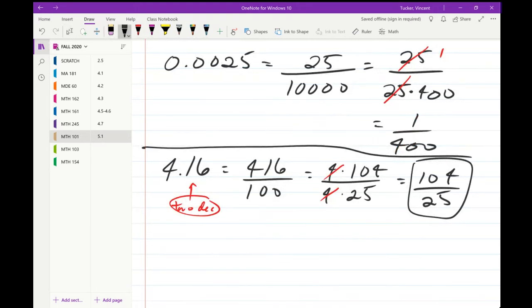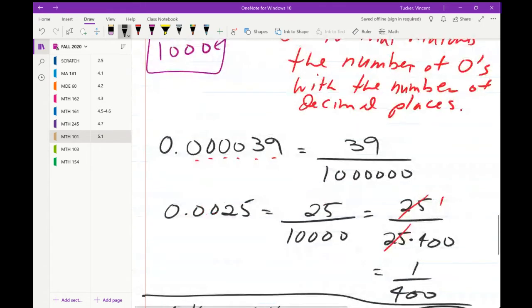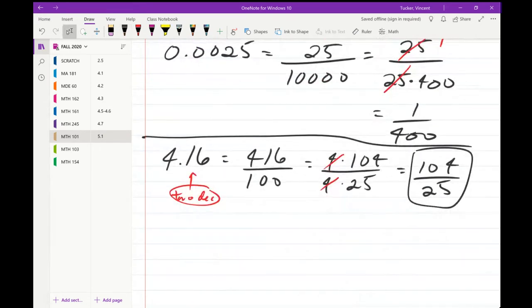The other way of doing this type of problem, because you have a 4, a number sitting in front of the decimal, when the other ones that we've done didn't have that, you could have set it up as a mixed number, leaving the 4 on the outside as your whole number.